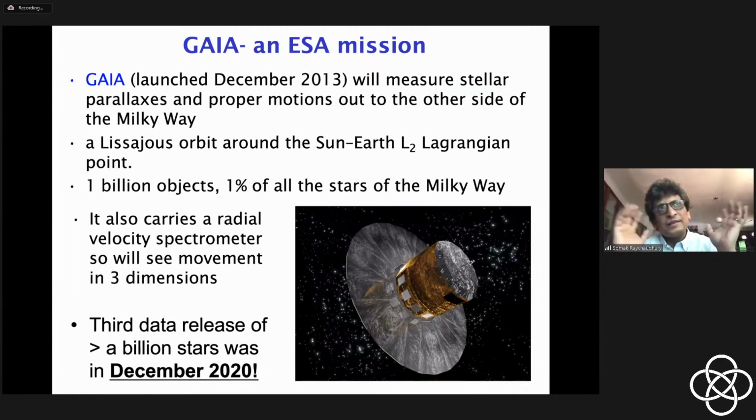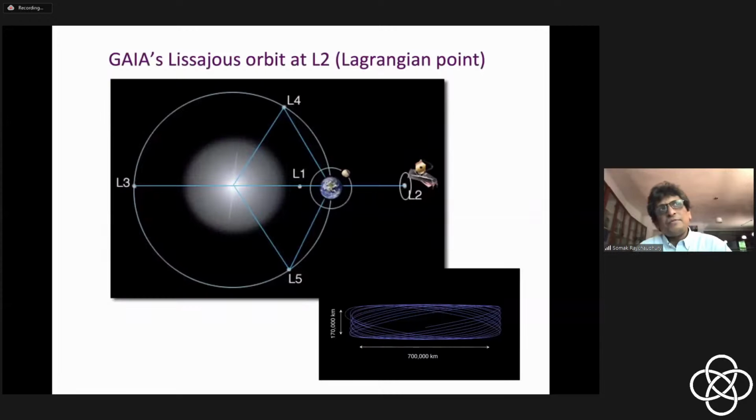You can do, as I said, three-dimensional maps. Because you know distances, and you have magnitudes, which means the brightness of stars, you can have the velocities. You can do all kinds of studies of different kinds of stars. This has changed galactic astronomy completely, because having precise measurements of distances is so important, because that tells you how bright a star is. If you're looking at stars, you can only measure the flux from the Earth.